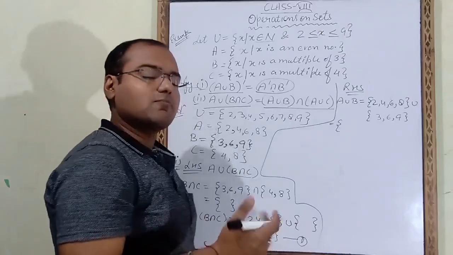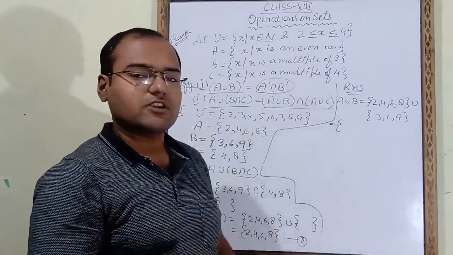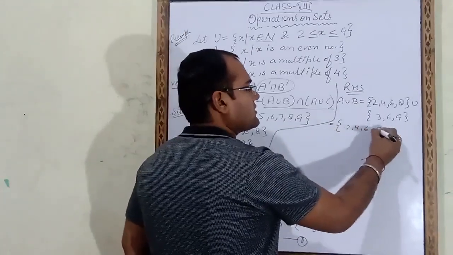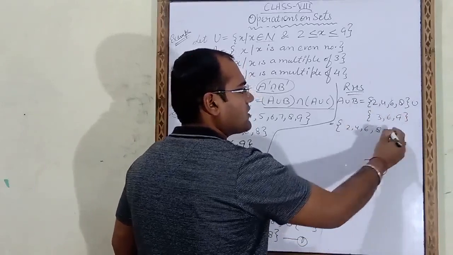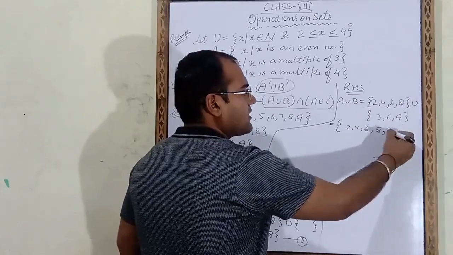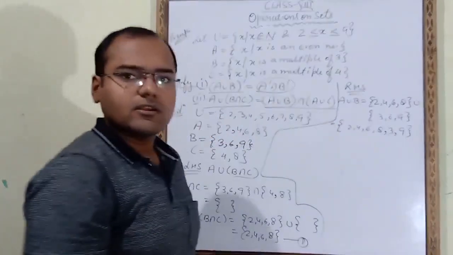In union we have to write both sets, A also and B also, and all those elements which are coming in both. So 2, 4, 6, 8. All the 4 elements will be there. These 3 will also be there. 3 is not over, so we will write 3. 6 is over, so no need to write again. 9 is not over, so we will write it. So this is the answer of A union B.